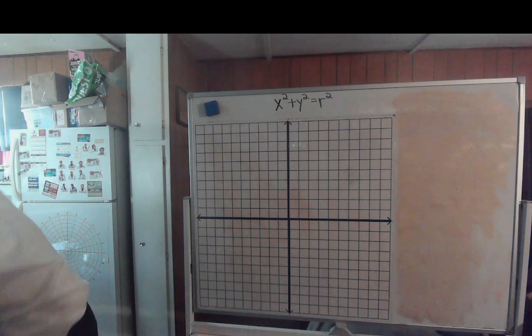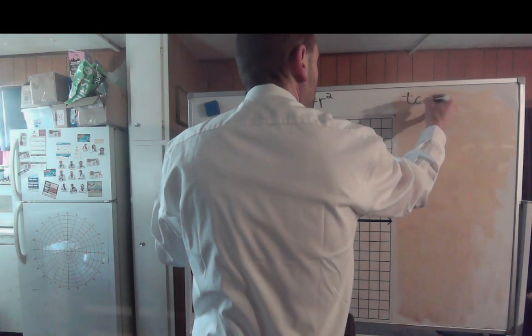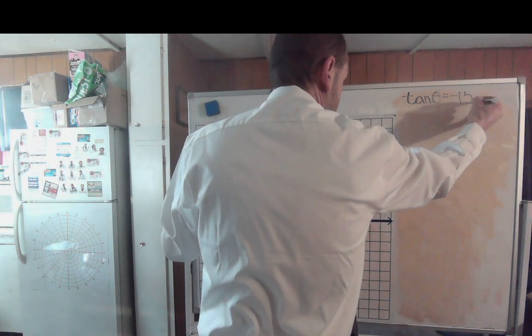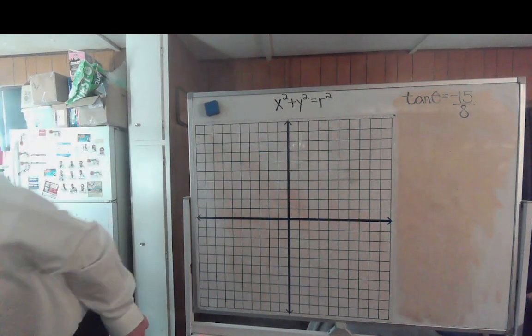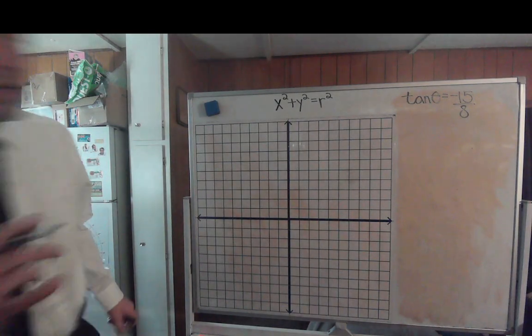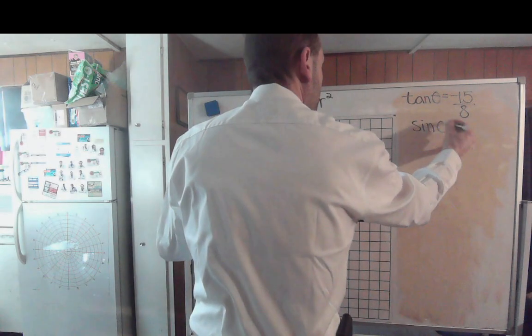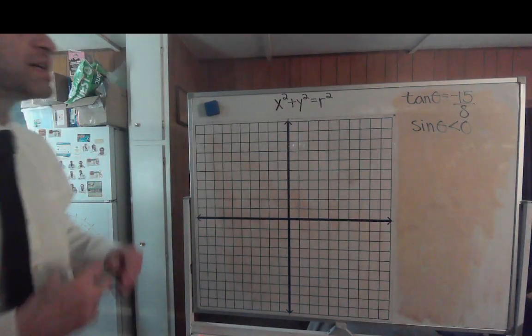So we have that the tangent of theta equals negative 15/8. They give us the tangent. They also tell us that the sine of theta is less than 0. Very interesting.